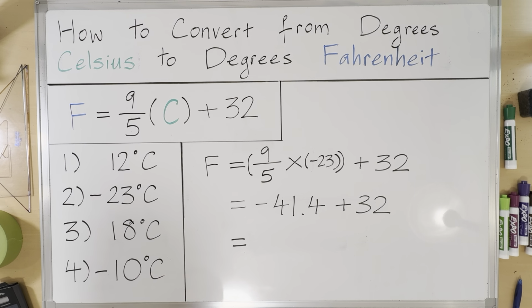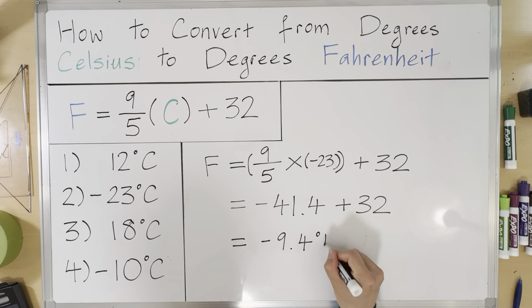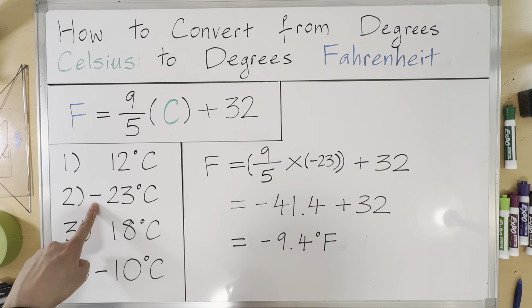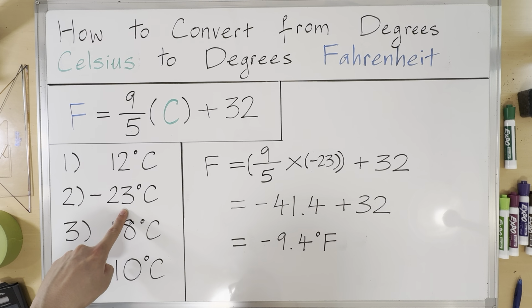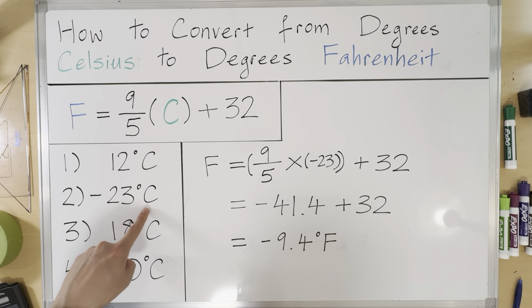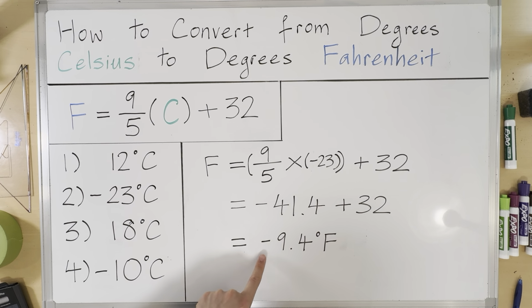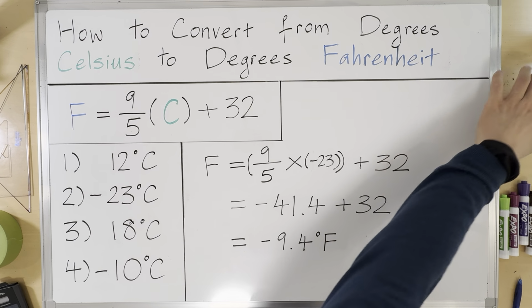And the final answer is negative 9.4 degrees Fahrenheit. And so therefore, negative 23 degrees Celsius is equal to negative 9.4 degrees Fahrenheit.